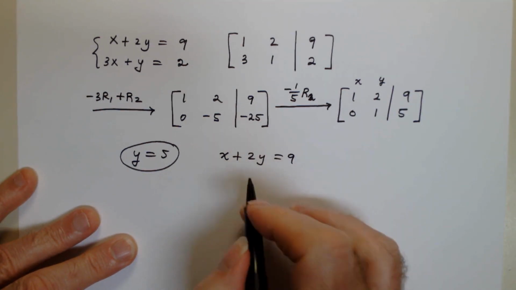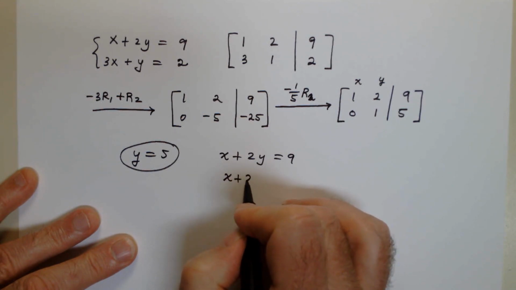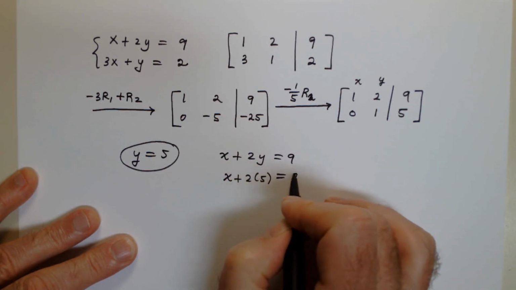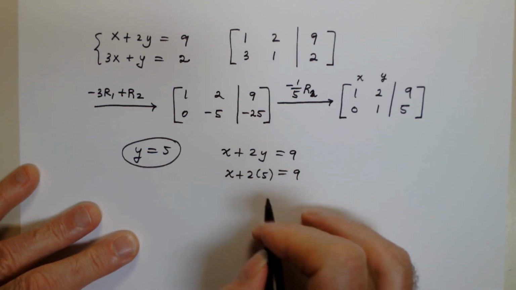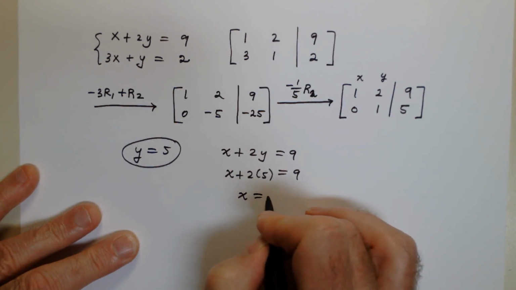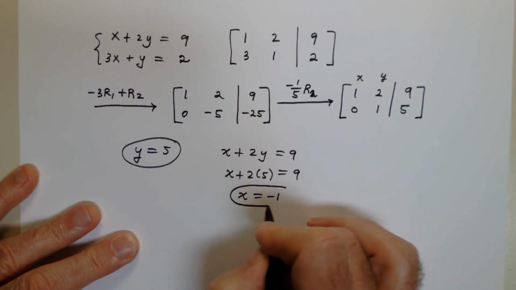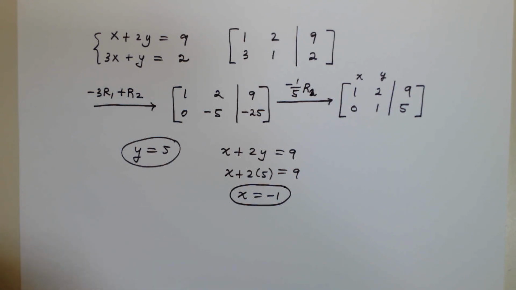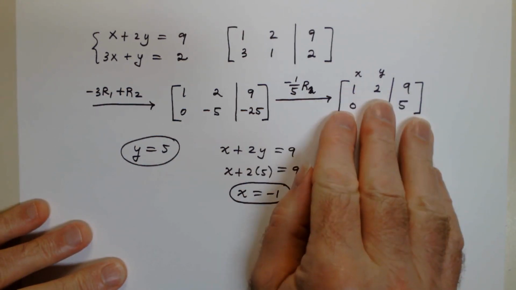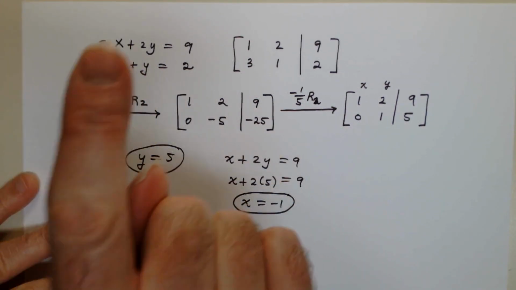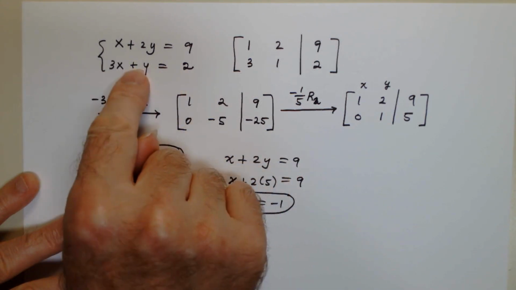But y is equal to 5. So x plus 2 times 5 equals 9. So x plus 10 equals 9, or x equals negative 1. Okay? Now that's the solution to our final system of equations, and by equivalence, it's the solution to our original system of equations.